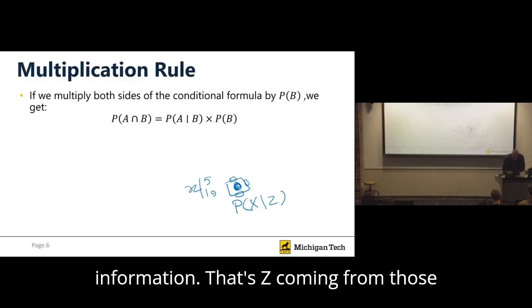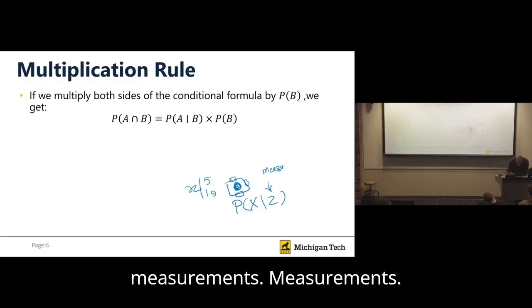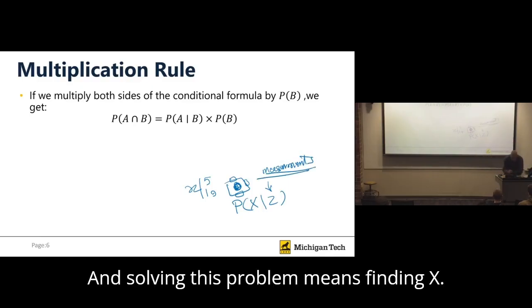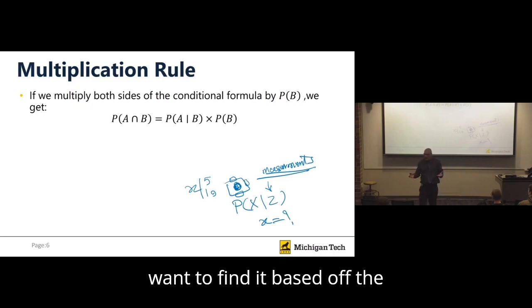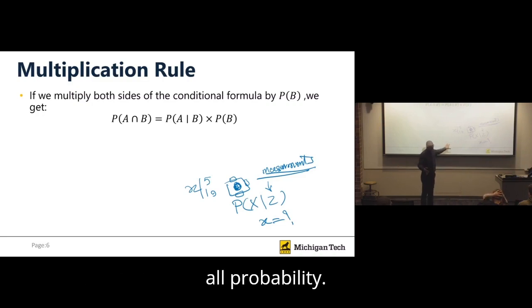That's Z, coming from those information or measurements. Solving this problem means finding X. X is the position. We want to find it based off the measurements that we are reading. This is all probability.